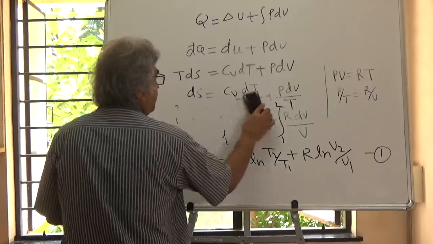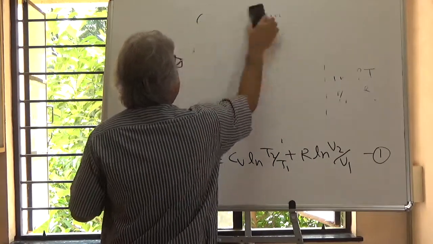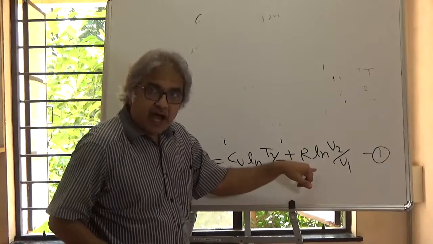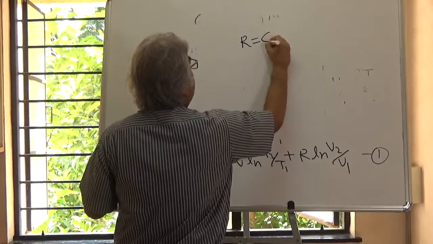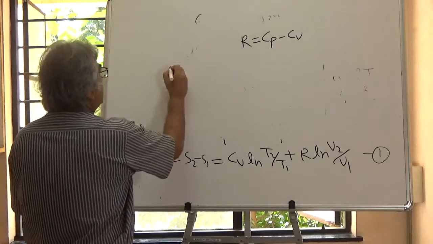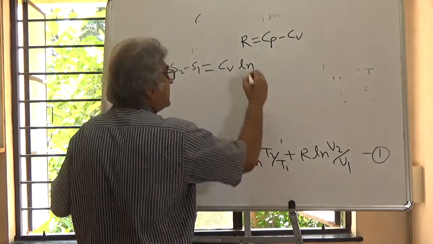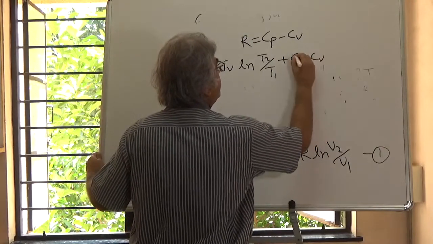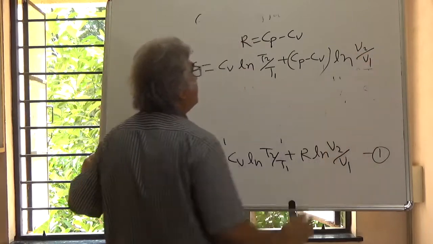Now we can have another expression from this. We will substitute R. You know the relationship R is also equal to Cp minus Cv. So I'll put Cp minus Cv here and rewrite this expression. We will have S2 minus S1 is equal to Cv ln T2 by T1 plus Cp minus Cv ln V2 by V1.